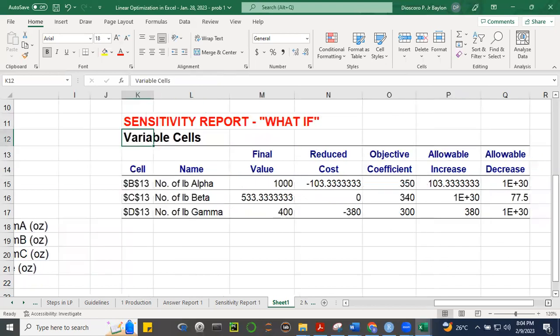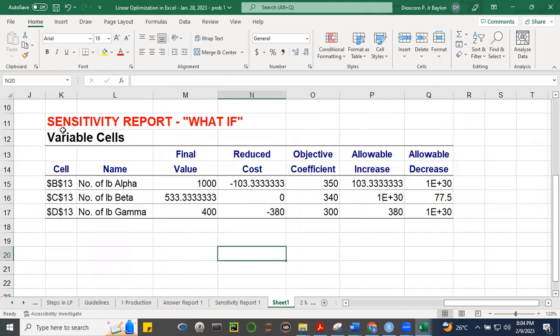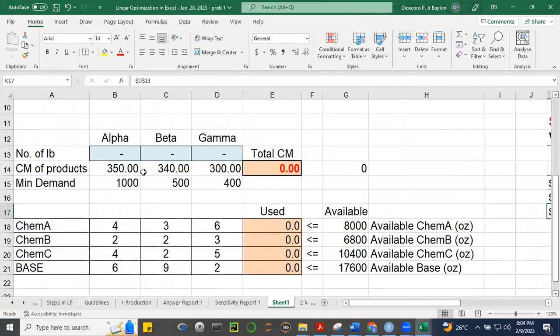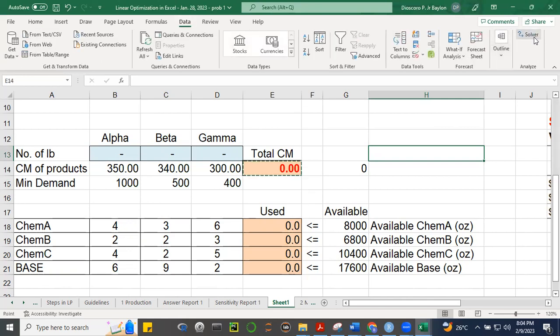Okay, so let's take a look at this. Variable cells. So this actually refers to B13, C13, D13. Ano ba yung mga yon? Ba ito, D13, nawala yung solution ko. Bakit? Kasi tinanggal ko kanina, no? Okay, sorry about that. Let me run it. Data solver.